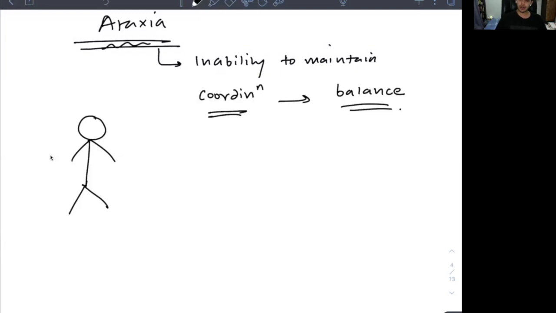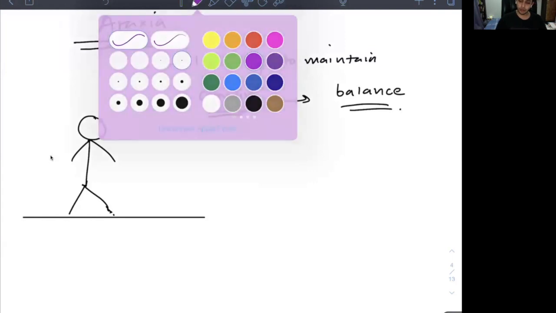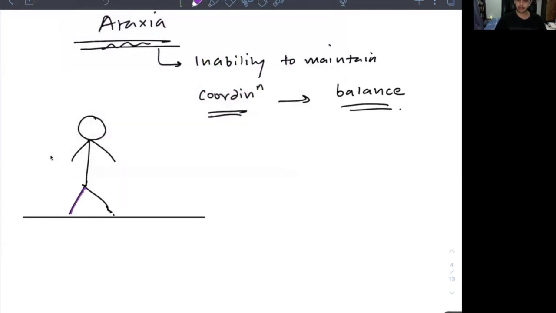So supposing you are walking on a flat ground or you're just standing, you need to know whether your legs are extended or they're flexed. You need to know if you are upright. You need to know if your trunk is upright. You need to know if your head is upright.